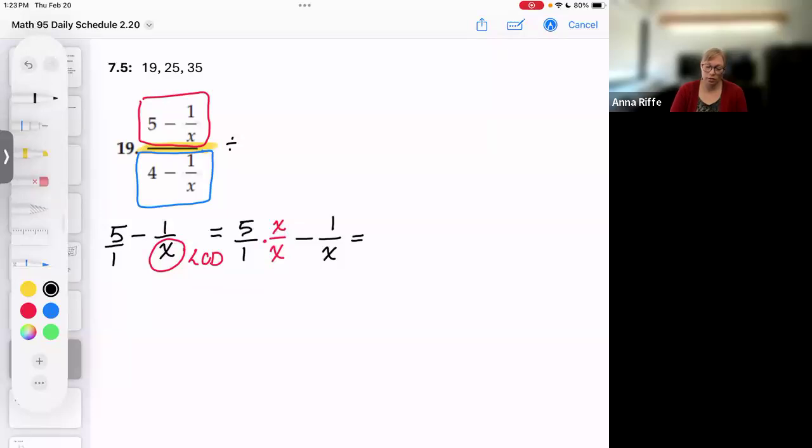So my first term, 5 times x is 5x. 1 times x is x. Minus 1 over x. And now I can look at what I have and note my denominators are the same. Whenever my denominators are the same, I can subtract. I get a fraction with that common denominator, and then I can subtract the tops. 5x minus 1.